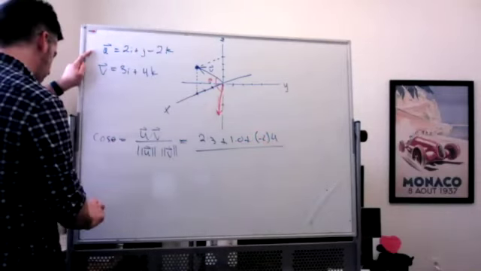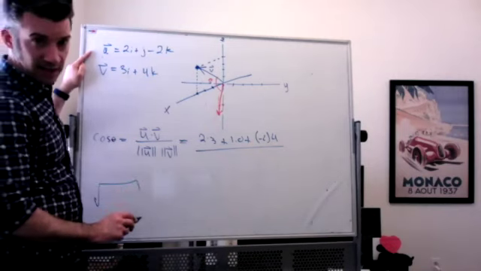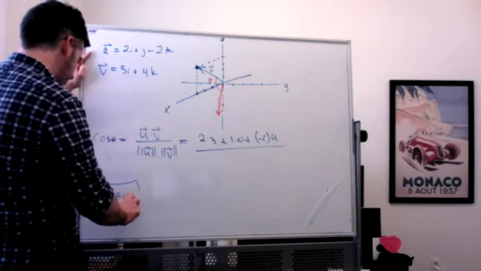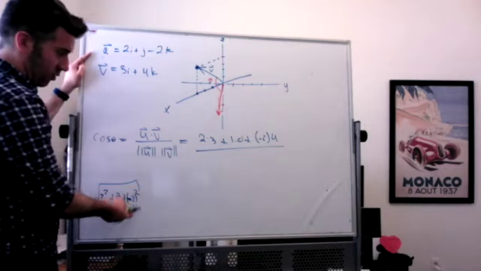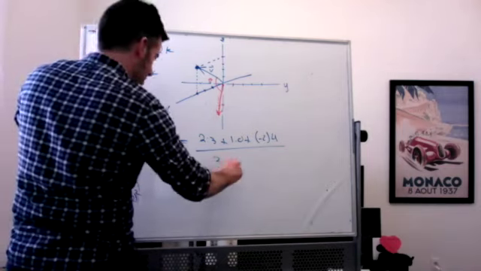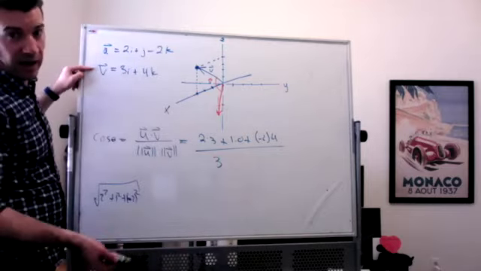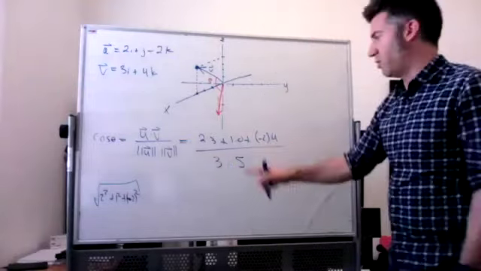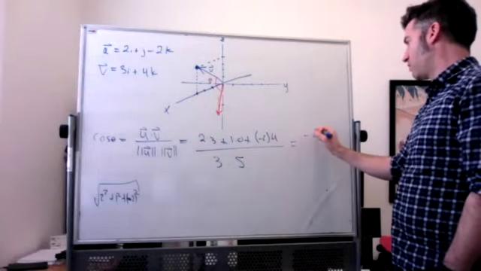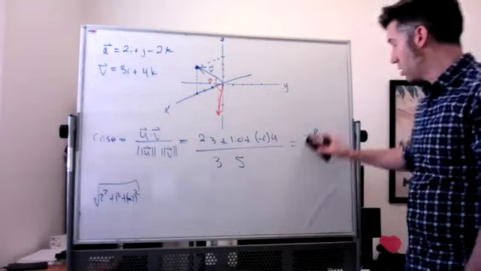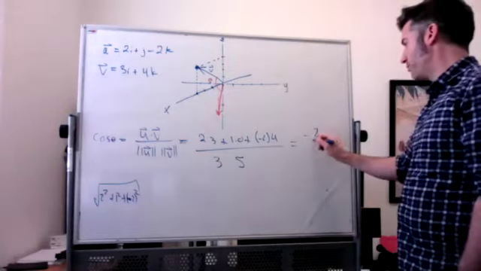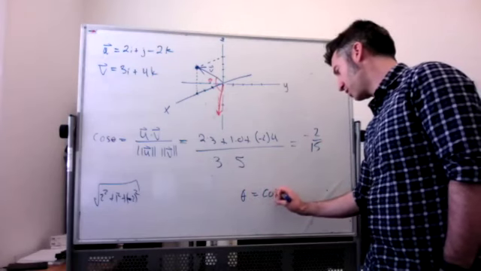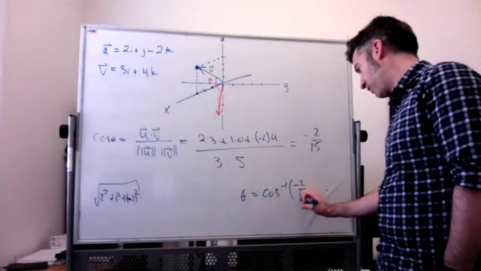The magnitude of u is the square root of 2 squared plus 1 squared plus negative 2 squared, which is 4 plus 1 plus 4, which is 9. Square root of 9 is 3. And the magnitude of v is 5. So I end up with 6 plus 1 minus 8, so negative 2 over 15. So theta is going to be the inverse cosine of negative 2 over 15.